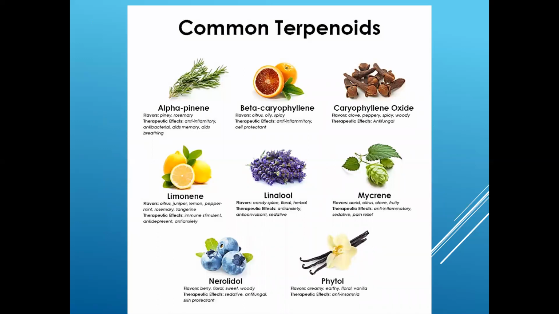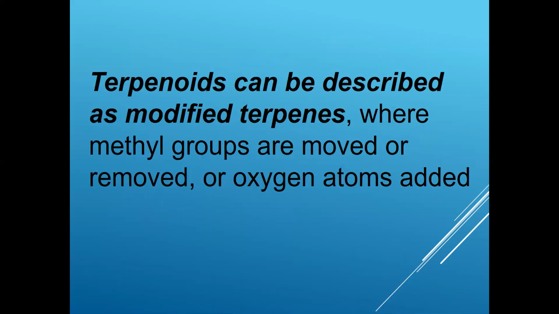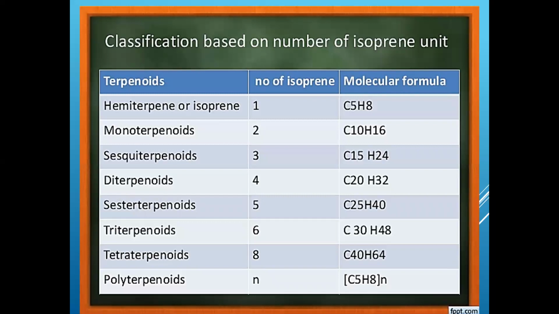You can see sources of common terpenoids, for example alpha-pinene, limonene, linalool, myrcene. Terpenoids can be described as modified terpenes, where methyl groups are moved or removed or oxygen atoms added. Classification of terpenoids is based on the number of isoprene units.